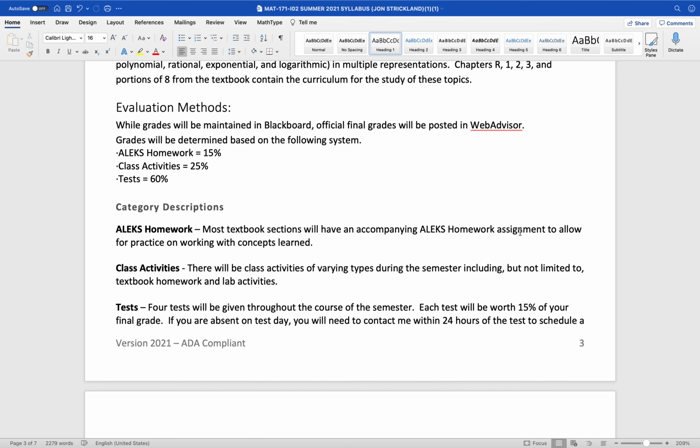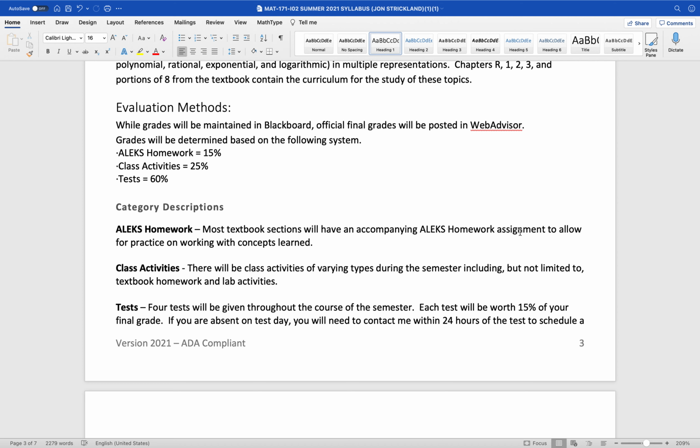Now, the evaluation of the course is how your grades are going to be weighted. While grades will be maintained in Blackboard, official final grades will be posted in WebAdvisor. Grades will be determined based on the following system. The ALEX homework, listed as ALEX objectives, will be 15% of your total grade.